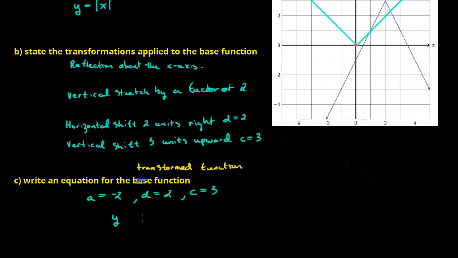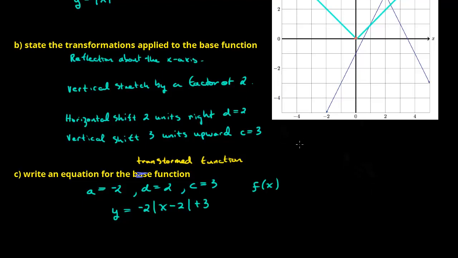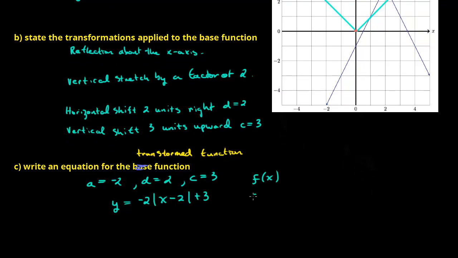Okay, so I've got y equals -2 times the absolute value of x minus 2, plus 3. And I write it like this because remember that if you have the function f of x, then the transformed function looks like a times f of bracket k times x minus d, close square bracket, plus c.